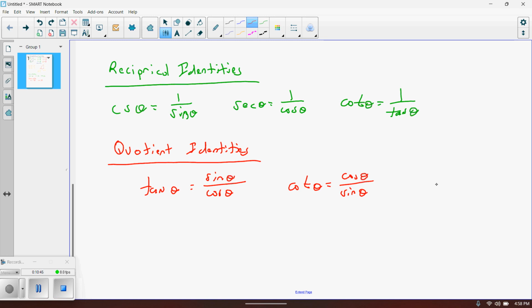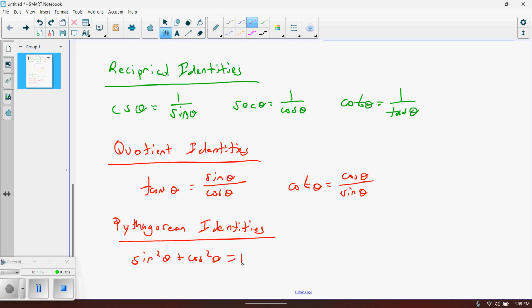Okay, one of the other very, very important identities are the Pythagorean identities. This is probably the most important one. You take sine squared of theta and add it to cosine squared of theta.